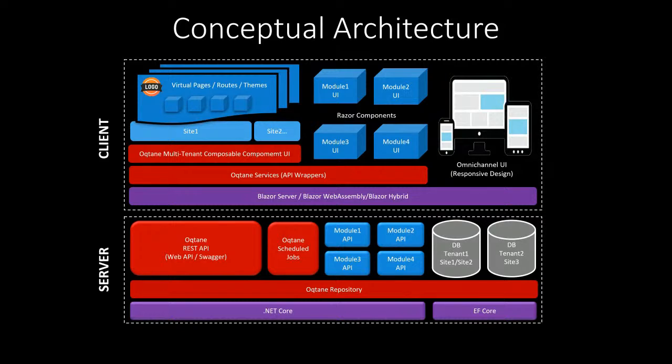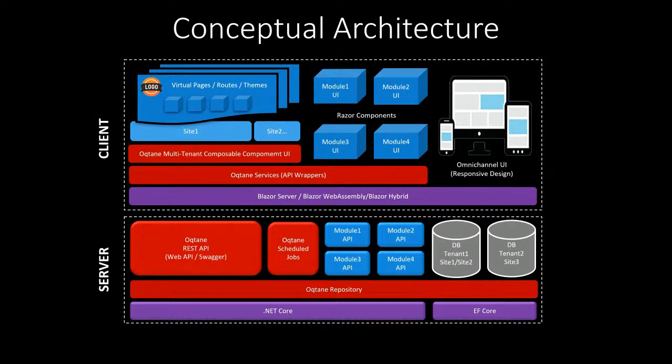On the client side, one of the capabilities that Oqtane wanted to provide right from day one is being able to leverage all of the different Blazor hosting models. So yes, it supports Blazor Server, but it also supports Blazor WebAssembly and Blazor Hybrid.